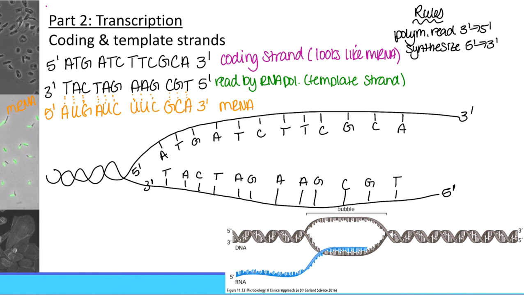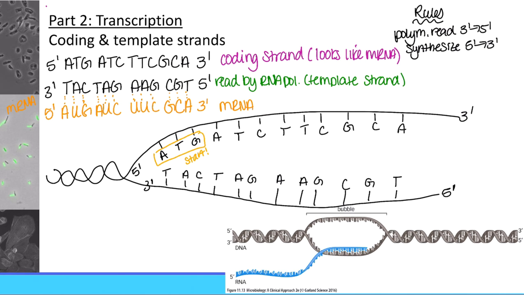I think this is hopefully going to really help us see what is the template and what is the coding strand and how this mRNA will be synthesized. We'll keep our colors consistent here. We can take a look at our ATG here. Here is our start, the start codon for translation, but we look for it in DNA.